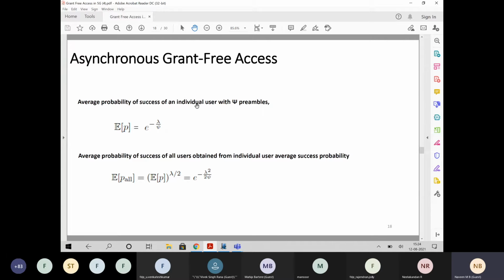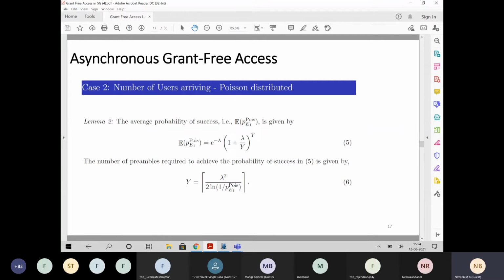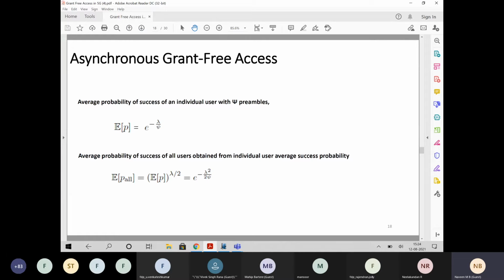I can find the individual user success probability, raise that to the power lambda by 2, and get the all-user success probability. This and equation 5 are very close to each other, and we can prove that very easily, because they represent the same entity. It's just a different expression.